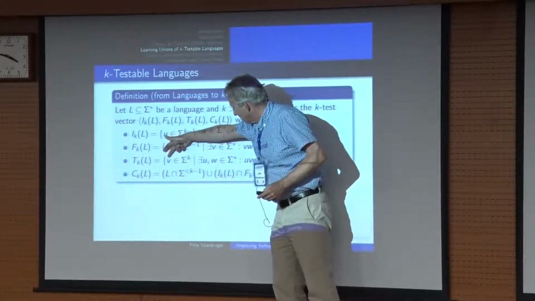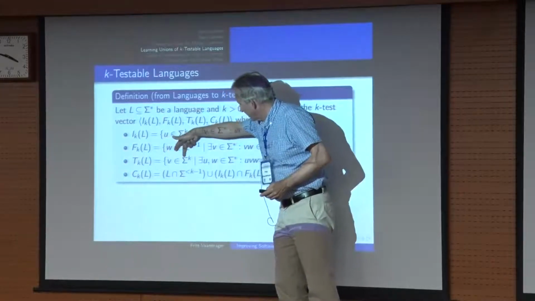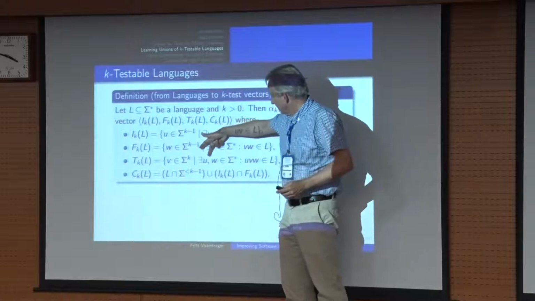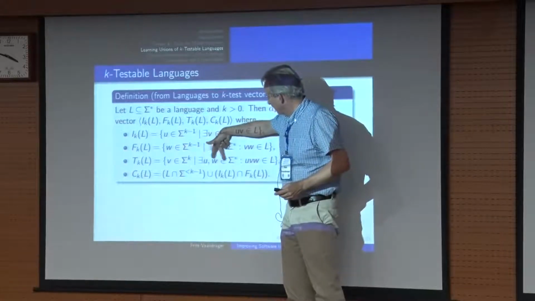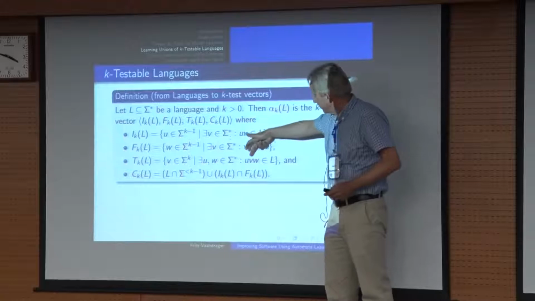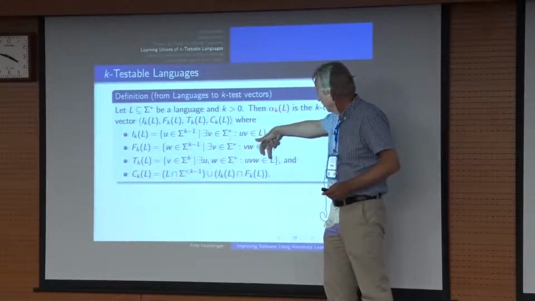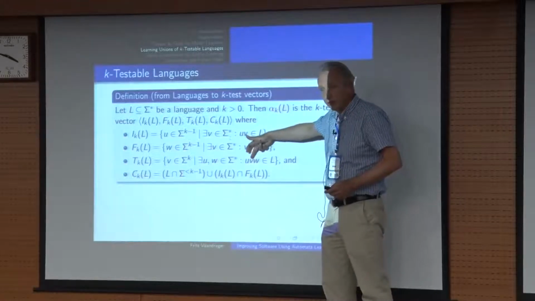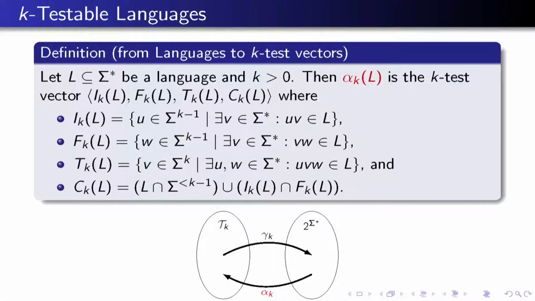Any word v of length k such that there exist words u and w over sigma star such that u v w is in the language. v is a segment that occurs in the language. So we can go from test vectors to languages, and we can go from languages back to test vectors.